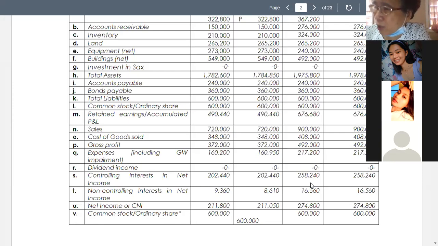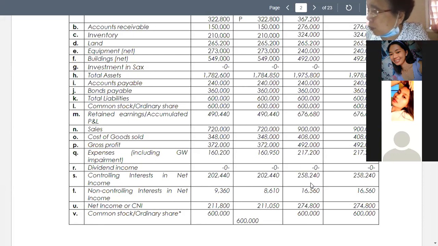Then we have the allocated excess in solution 1B, 13,200. And we have the goodwill impairment of 3,000. The goodwill impairment of 3,000, which is 80% of 3,750. So again, we are adding 9,360, 13,200, and 3,000.